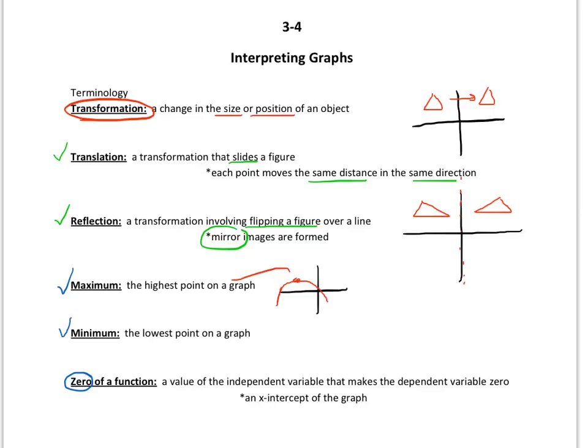So this would be considered the maximum. If I have a graph of a parabola that instead of opening downward is opening upward, then the lowest point is called the minimum. And we'll talk more about that later as well.